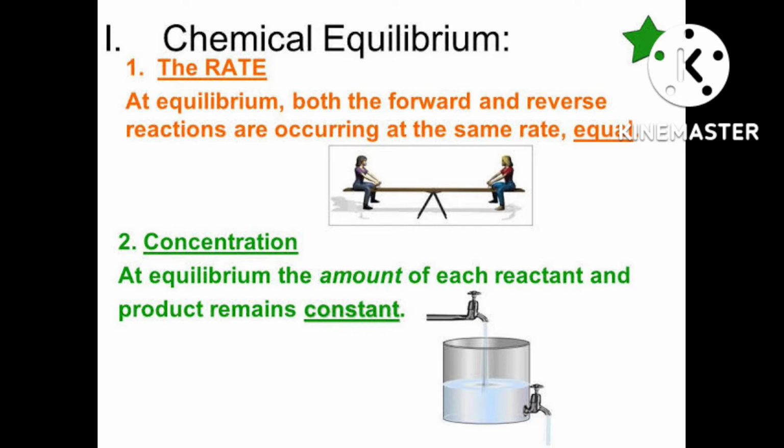First extent is the reactions that proceed nearly to completion and only a negligible concentration of reactants are left. In some cases, it may not even be possible to detect these experimentally.